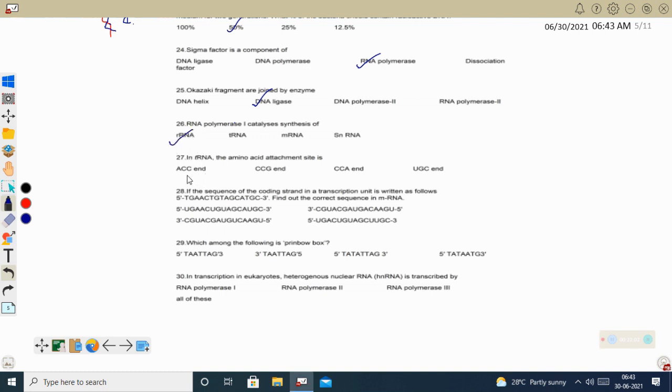Next question. In tRNA, the amino acid attachment site is the CCA end. See here, when we are drawing the structure of a tRNA, it will have a structure like this. I'll just show you.